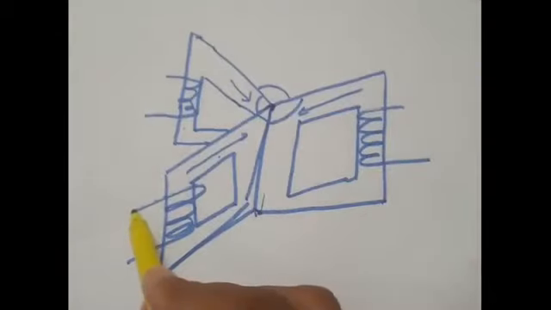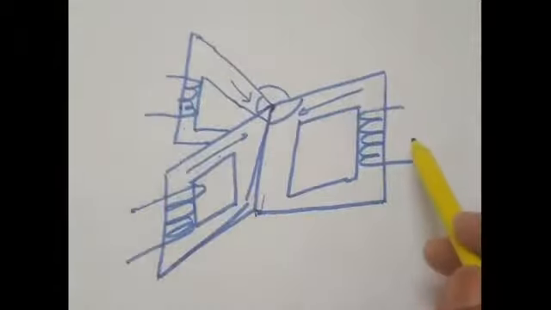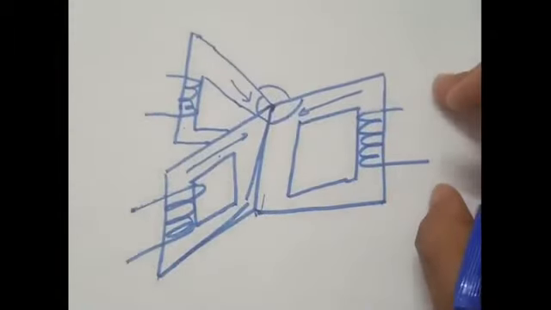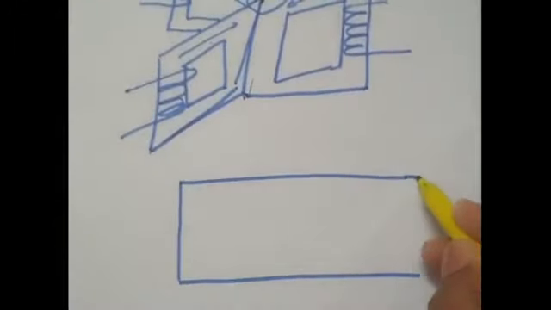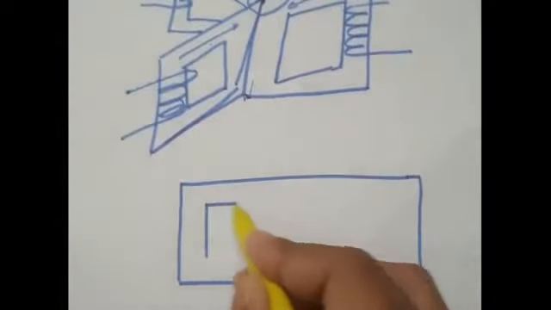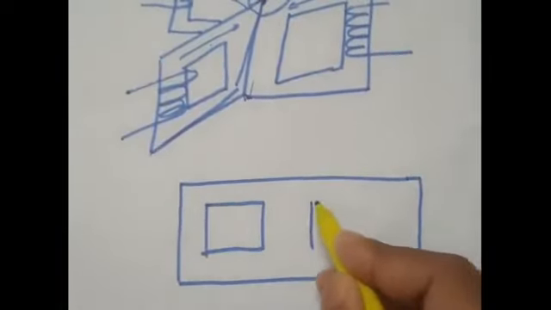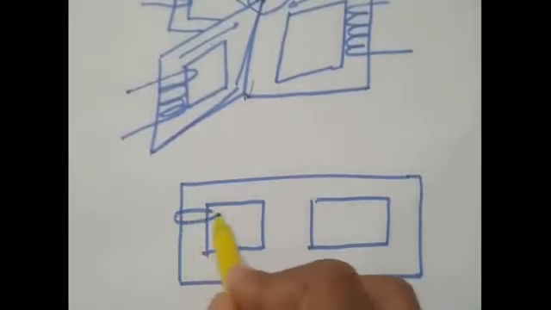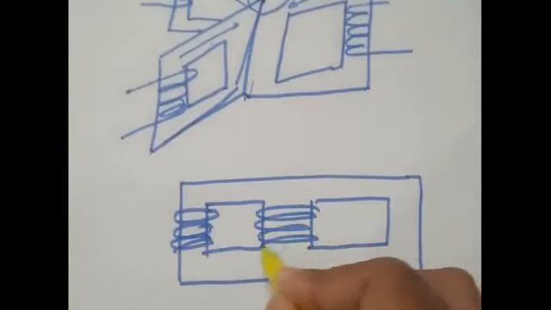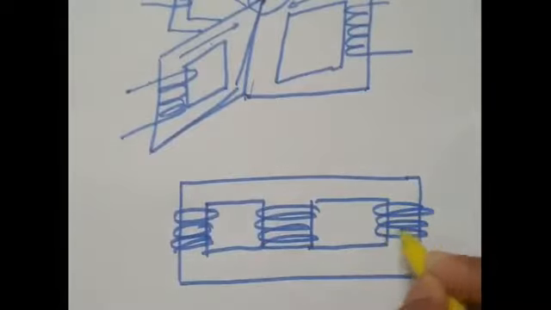Here we take the output from each of the three coils and make a three-phase transformer. This can also be done in this way, with a steel plate like this, where at these three places the windings are done.